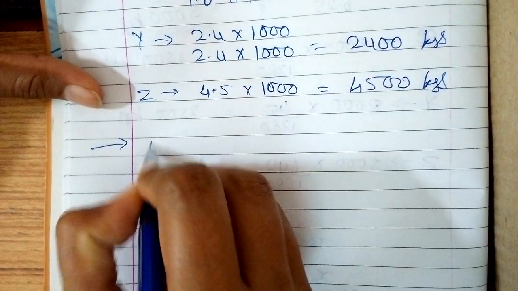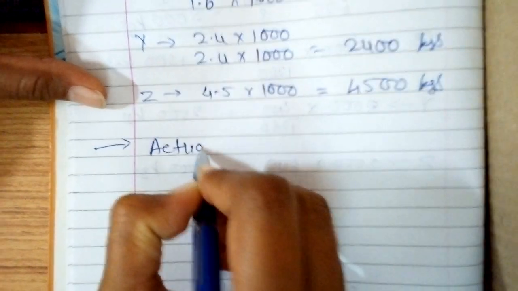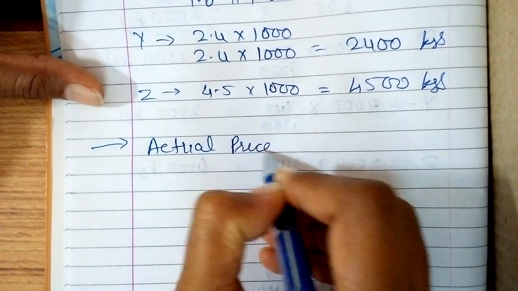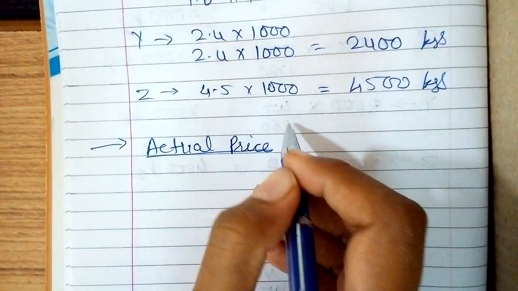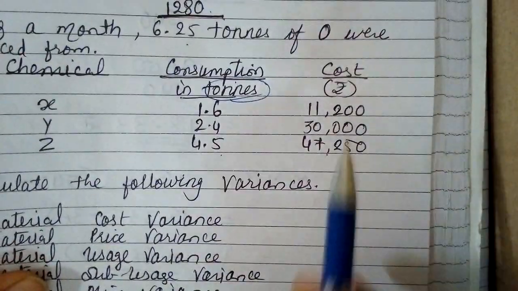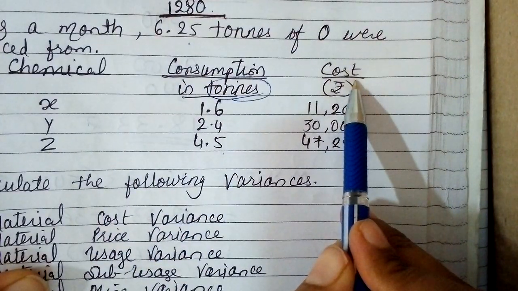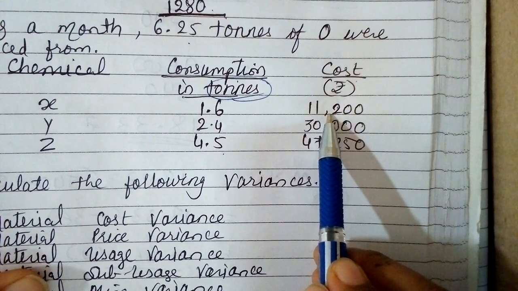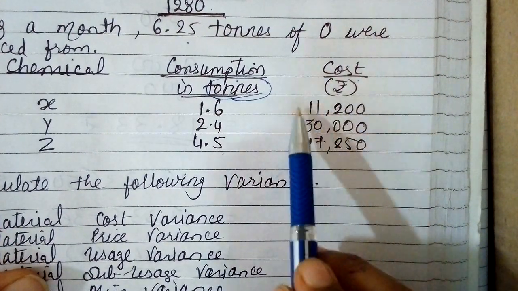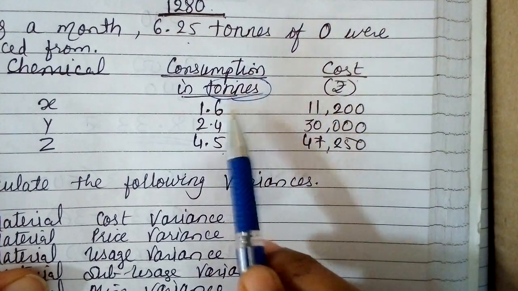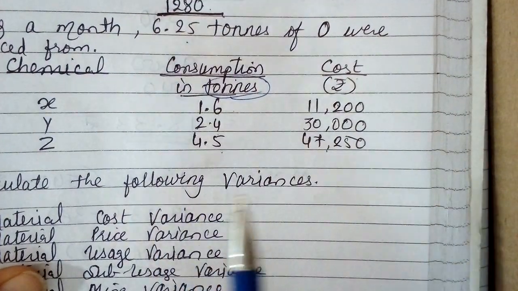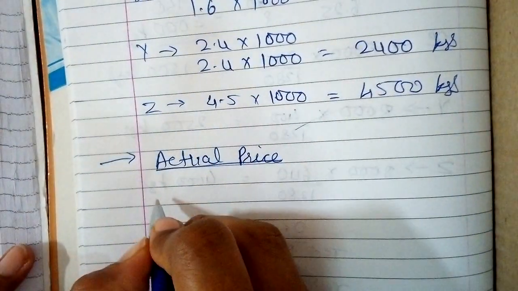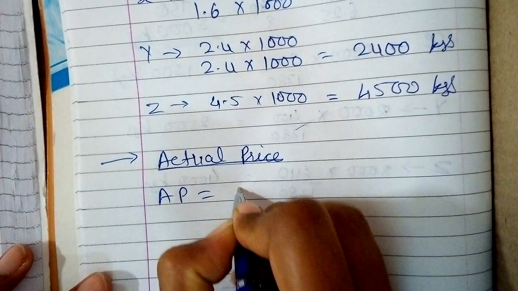Now for calculation of actual price. In the question, we have been given cost, right? So for that purpose we need to divide the cost by the quantity, and we get the price. So how can we find out actual price?